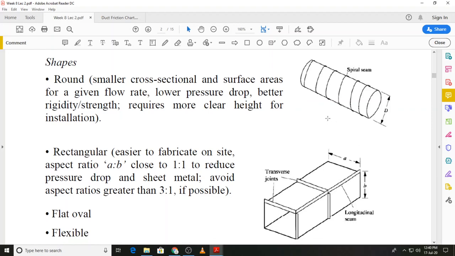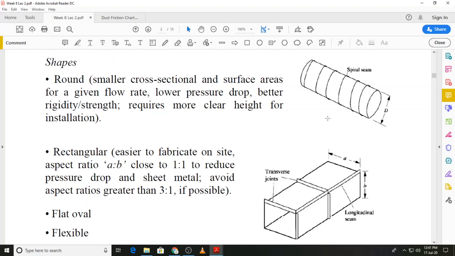The round ducts in general have certain advantages over rectangular ducts. That is, for a given pressure drop you will have a smaller cross-sectional area and a surface area for a round duct, and it has better rigidity and strength, but at the same time it requires more clear height for installation.